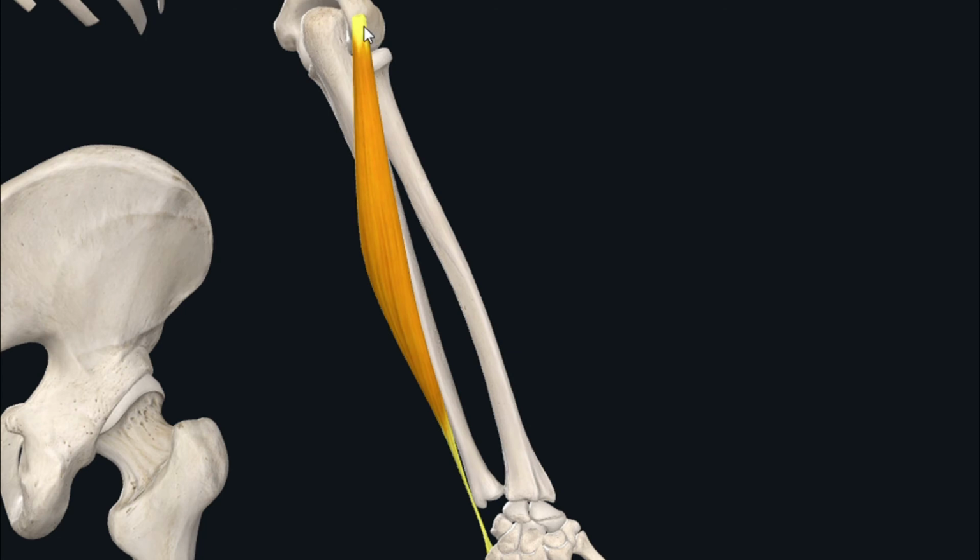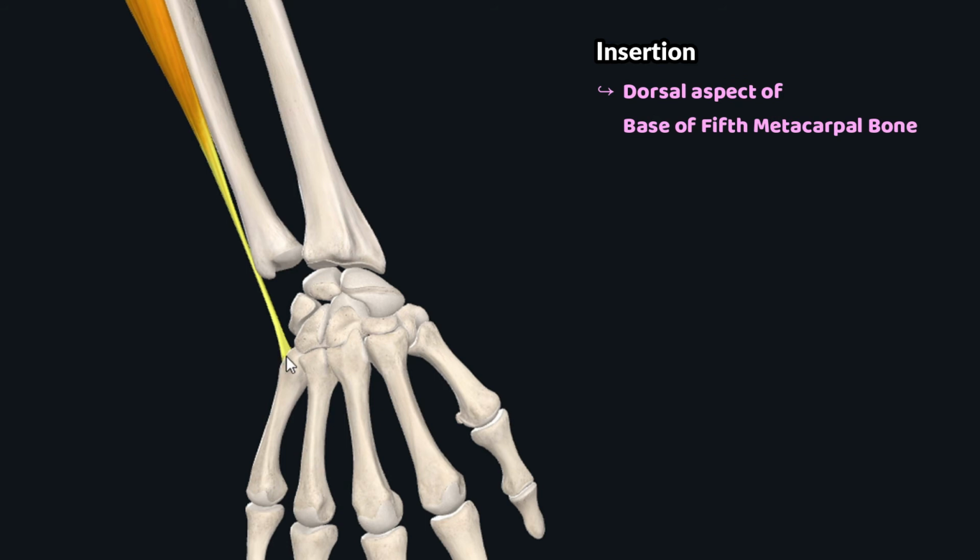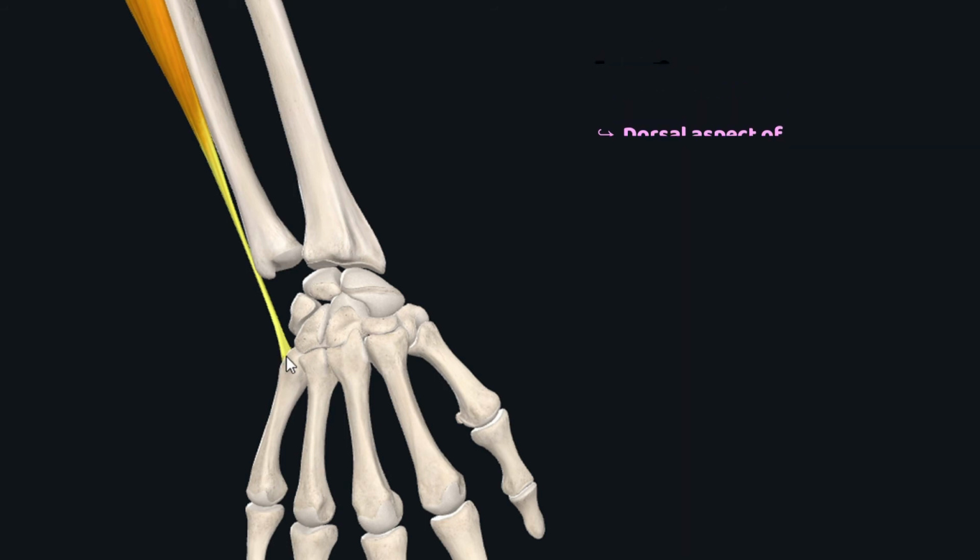And then after origin, the tendon of origin forms a muscle belly which runs along the whole length of forearm to arrive at the distal forearm. At the distal forearm, this muscle belly forms a muscle tendon which crosses the wrist and inserts onto the dorsal aspect of base of fifth metacarpal bone.